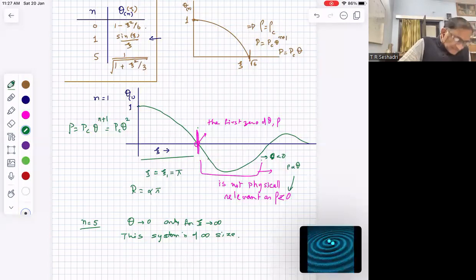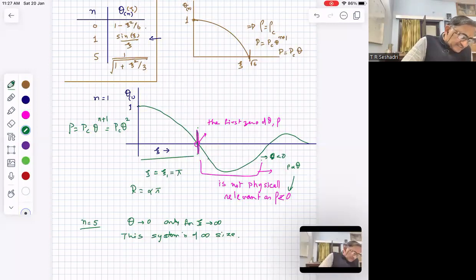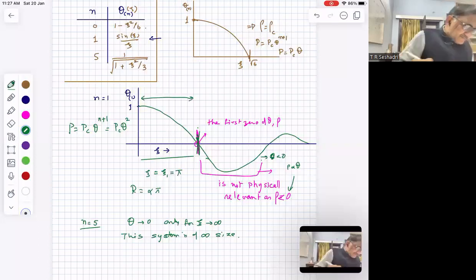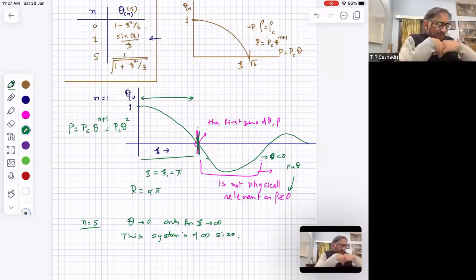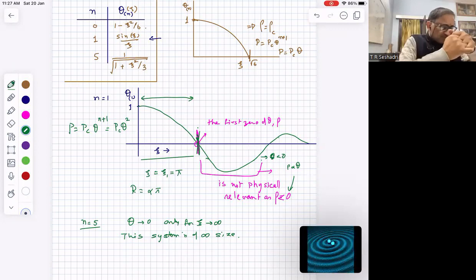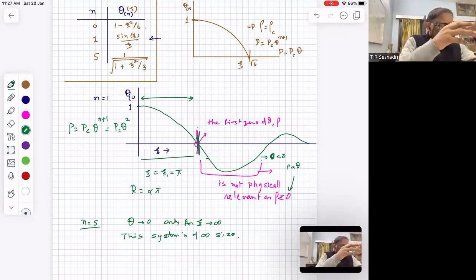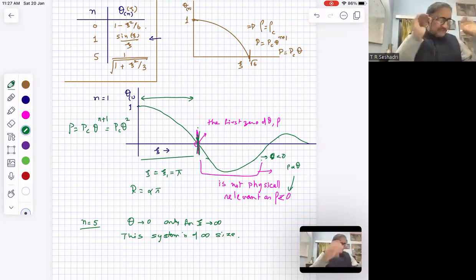What it means is at this point, the system reaches zero pressure. So this is just a formal solution, although it doesn't happen physically. The validity of that solution is only in this region. Got it. So the system is actually of size alpha into pi. And on the surface, pressure is zero and the system is in equilibrium.